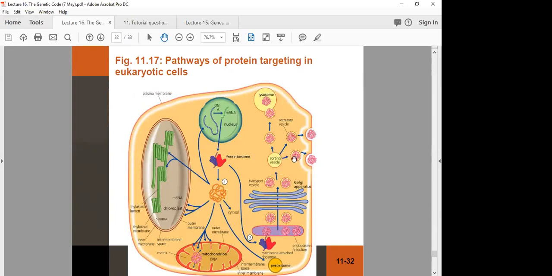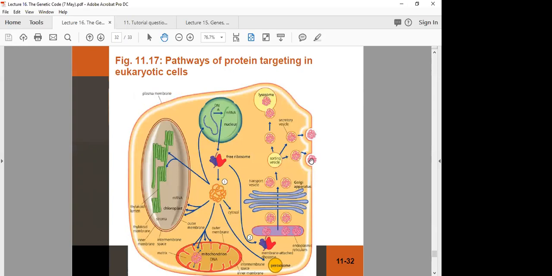Or the protein might be sent to the plasma membrane of the cell. Remember, the membrane-enclosed vesicle will fuse with the plasma membrane and deposit the protein to the outside of the cell. So what might this protein be? It could be one of the proteins found in the extracellular matrix.